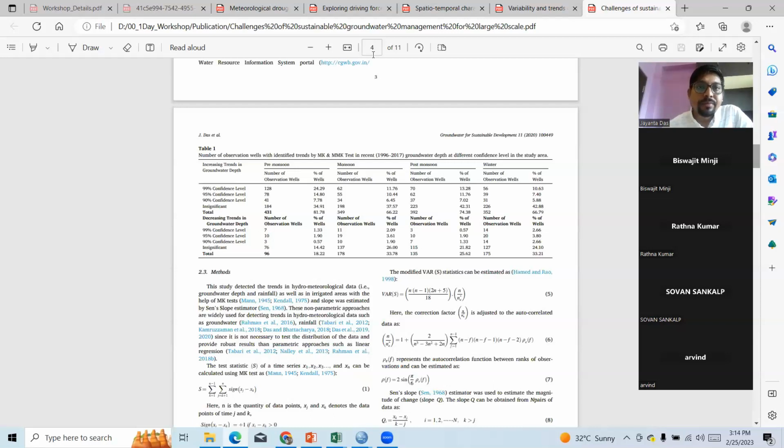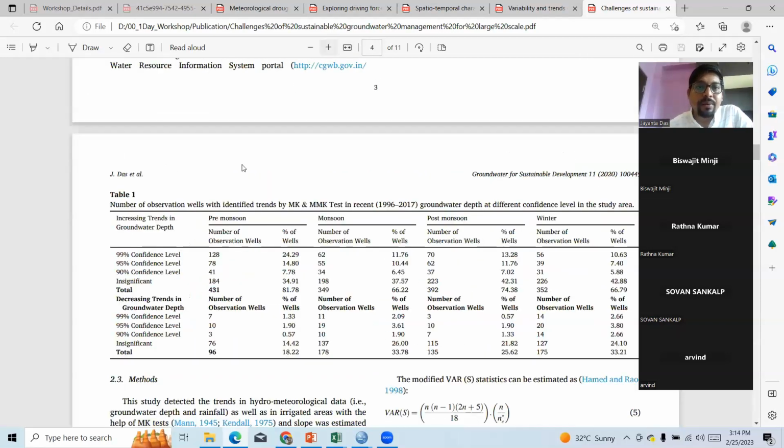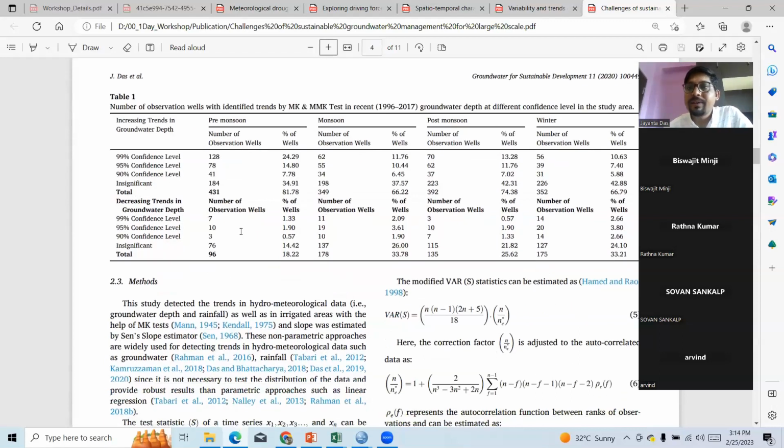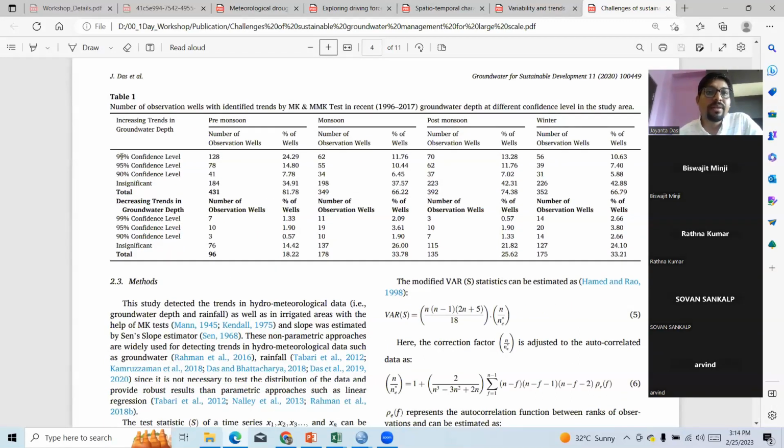See, here we have prepared our table this way. For the increasing trend, we have 99%, 95%, 90% confidence levels, and insignificant. In case of decreasing, we have also considered 99, 95, 90, and insignificant.